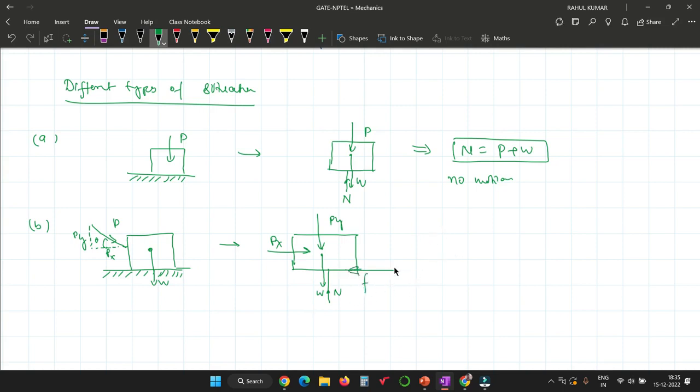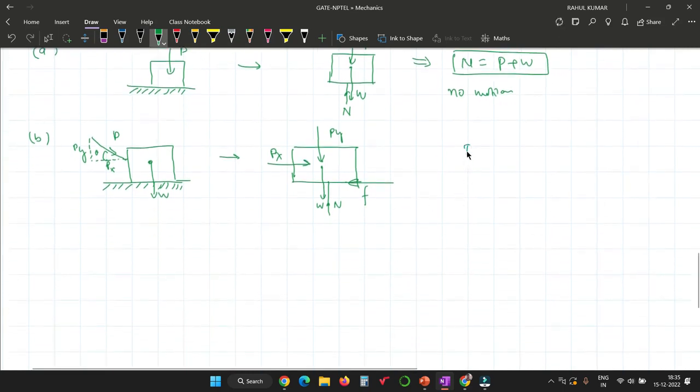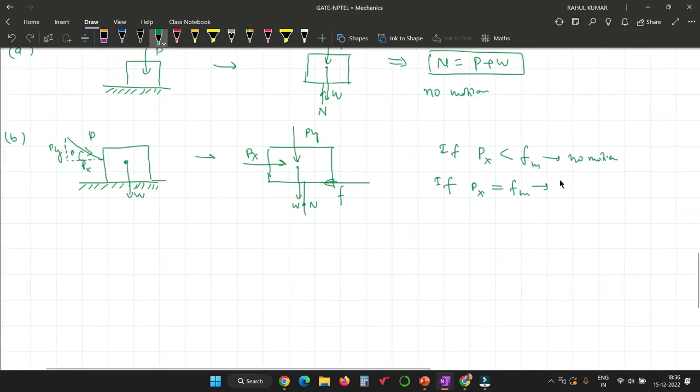If Px is less than Fm, then what will happen? Tell me. Body will not move, sir. Yeah, no motion. And if Px is equal to Fm, then this condition is impending motion, or you can say just about to slide.